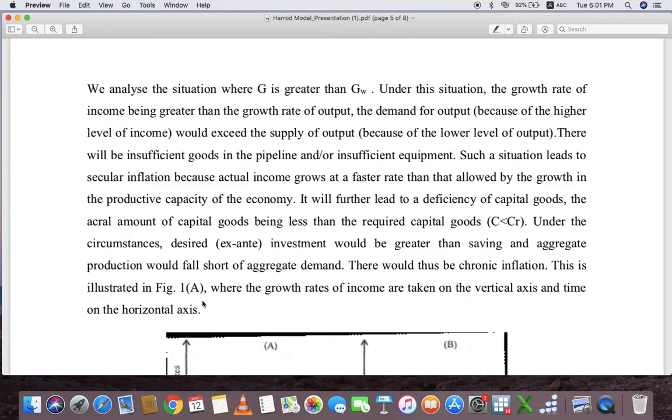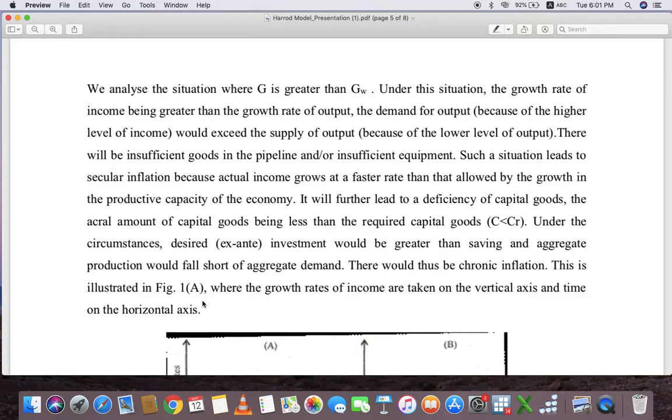But G is the growth rate of income, which is higher than growth rate of output. So, as a result of that, there is higher income in the hands of the public, and as a result there will be a situation of excess demand, and this demand will exceed the supply of output because output level is lower.